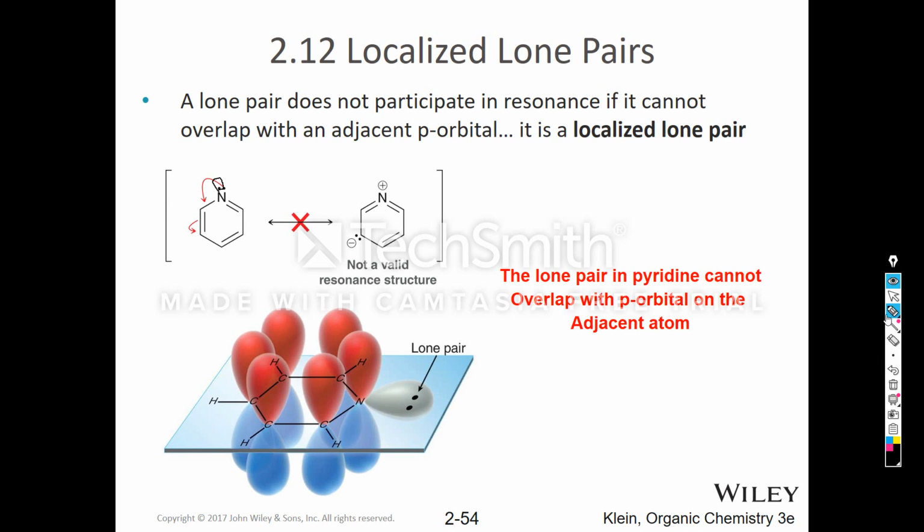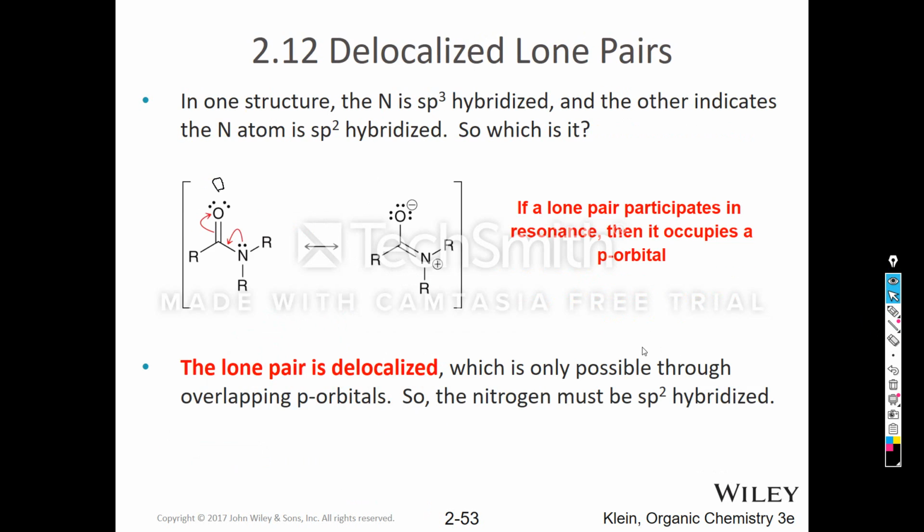Now let me come back to this again, but let me show what is going on in the previous case. If you look at this nitrogen here, this nitrogen with the lone pair is conjugating with the p orbitals on this carbon, but this nitrogen is not sp2 hybridized, it is sp3 hybridized.